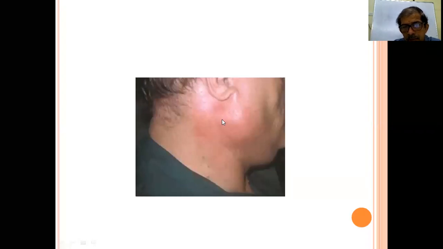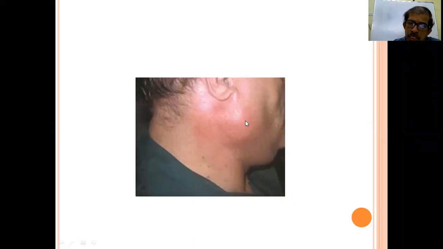So here it is not a big problem. You can give it as posterior as possible, because for cosmetic reasons you have to give a vertical incision, not a horizontal incision. That is very important.